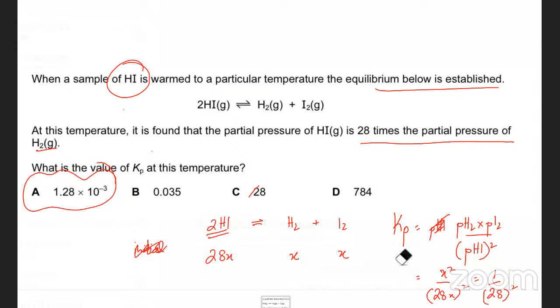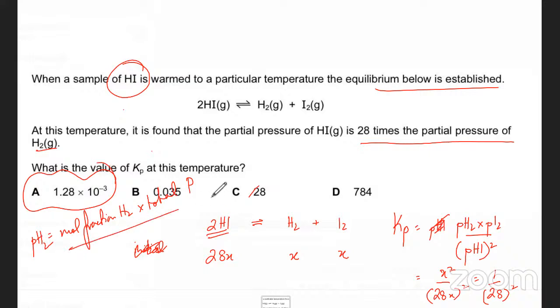Isn't it A? Remember 1 over 28 squared, it's squared as well. What is the formula for partial pressure? The expression is the same, it's the partial pressure of H2. What's the formula of partial pressure? The partial pressure of H2 is the mole fraction of H2, or the percentage of H2, into the total pressure.